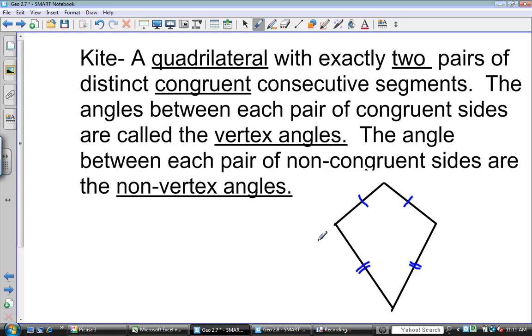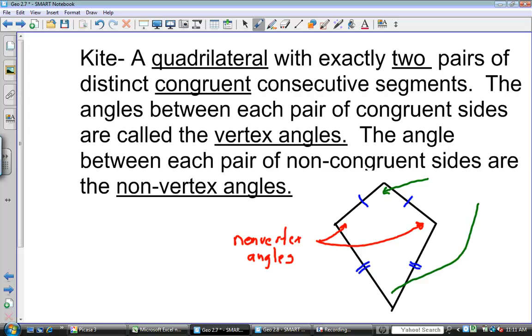This angle and this angle we'll call non-vertex angles, whereas the top angle and the bottom angle we'll call vertex.